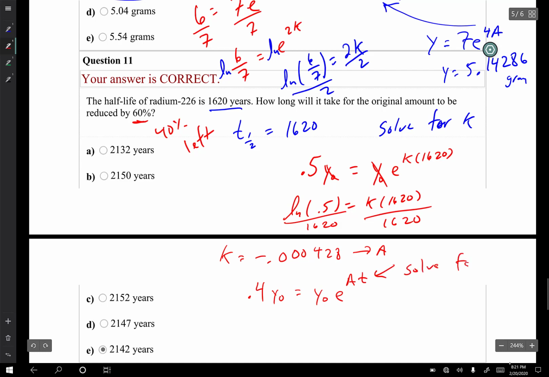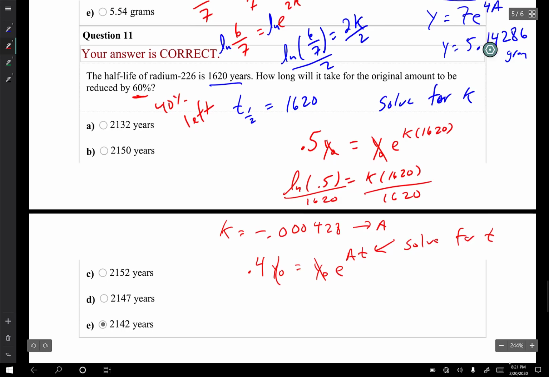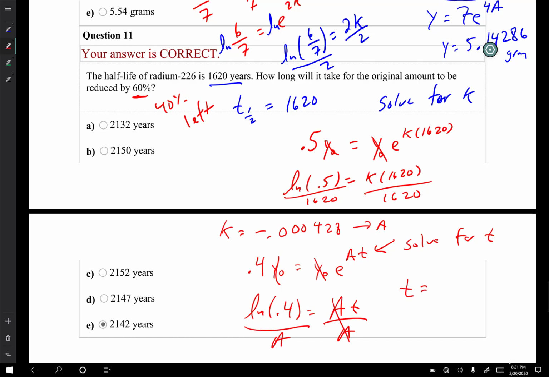So the y naughts cancel out. Then I'm going to do ln. So ln of 0.4 equals, if I do ln, you get at. And I'm just going to divide by a. So my time is ln of 0.4 divided by alpha a.